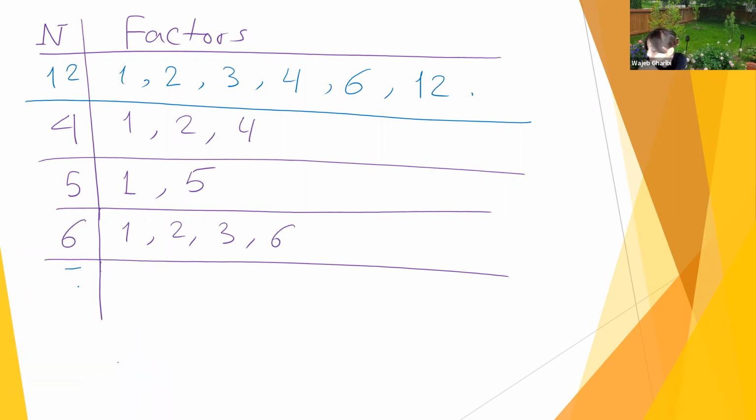Let me write 7. What are the factors of 7? Start from 1, then 2. No, it's not a factor. 3, no. 4, no. 5, no. 6, no. 7. Only 2 factors.